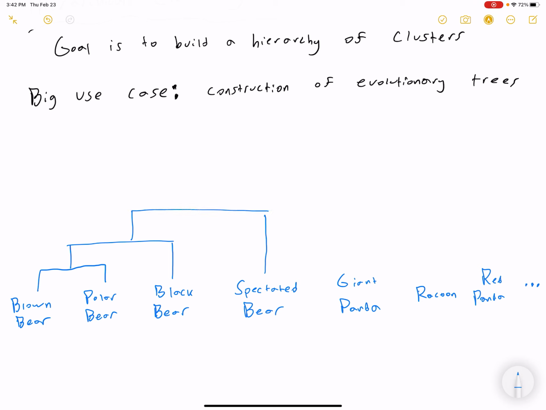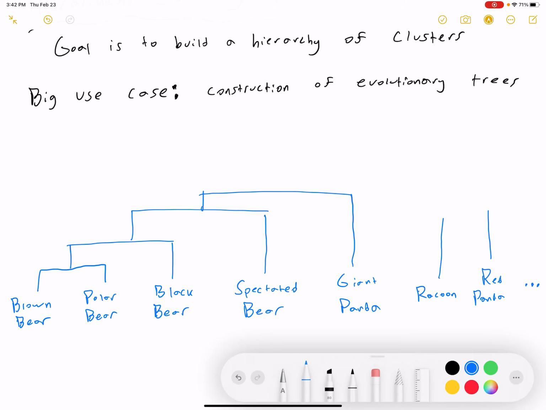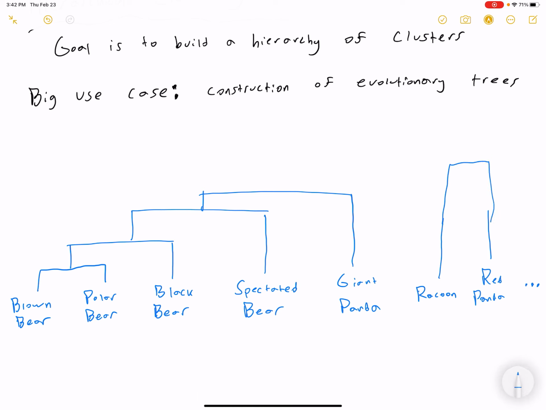I think that's what I wrote, and that's related to giant panda, and maybe raccoon and red panda are more related. So I'll draw this a little bit higher. And that group is more related to this group than if we kept on going up into a bunch of other animals to the right that I didn't list.